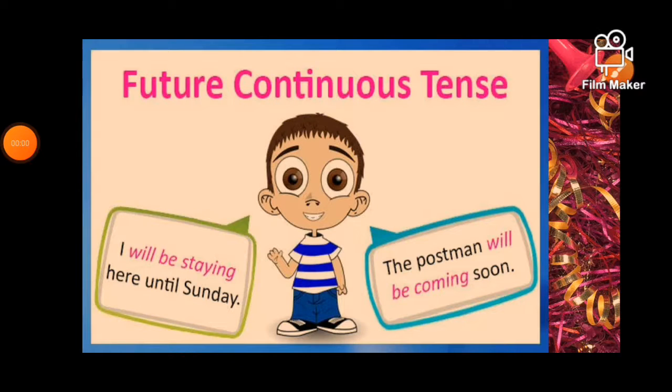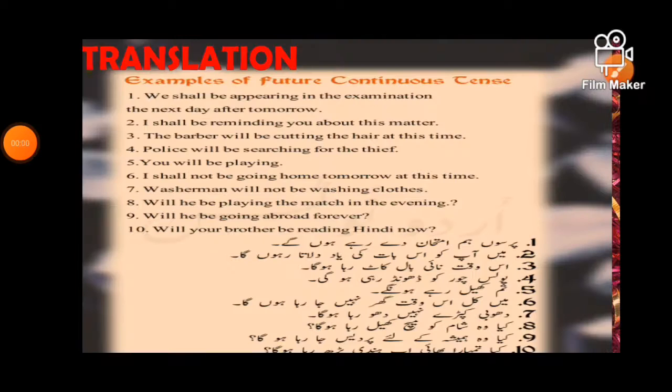As I gave you many examples with structure, here are some more examples. I will be staying here until Sunday. The postman will be coming soon. Now here is the time for translation, means translate the sentences from Urdu to English. Here are some examples.